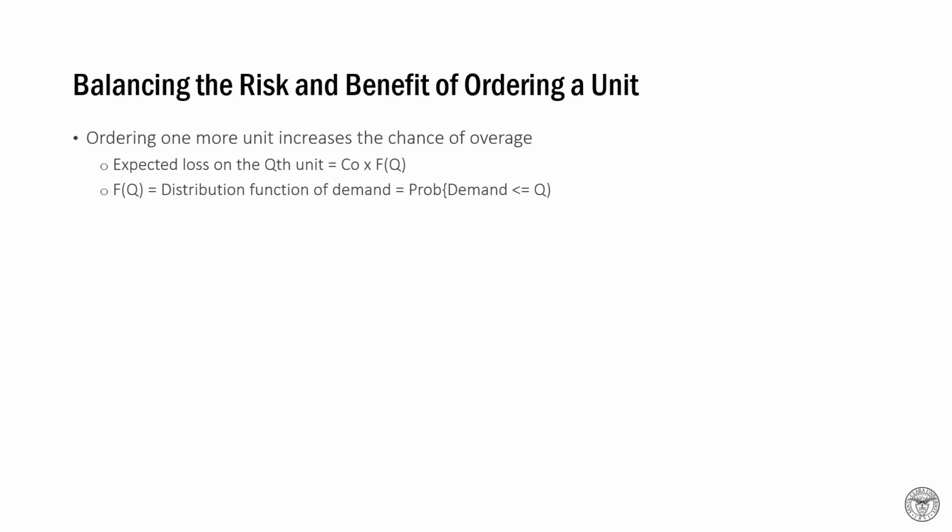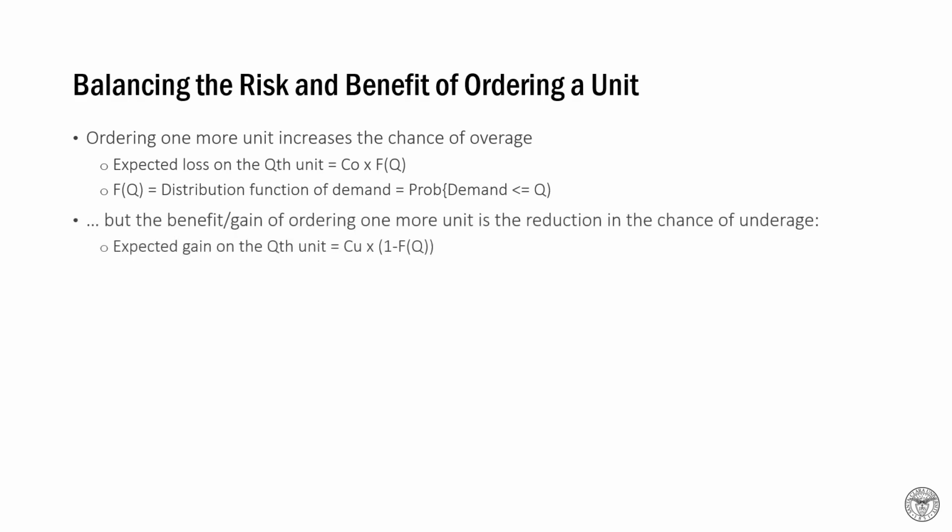The expected loss on the Qth unit is the overage cost, CO, multiplied by the distribution function of demand, F(Q), which represents the probability that the demand will be less than or equal to Q. On the flip side, ordering an additional unit reduces the chance of underage, resulting in a gain.